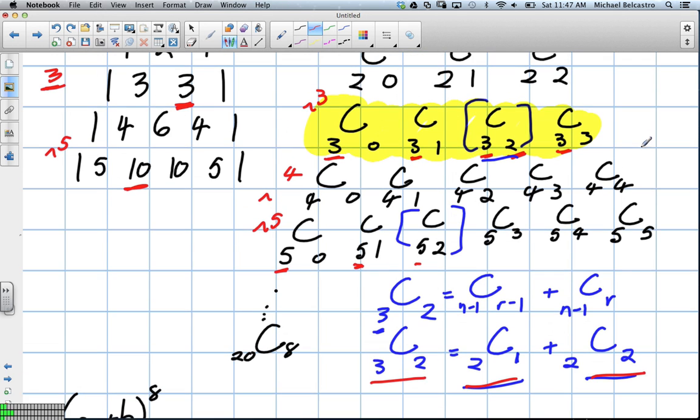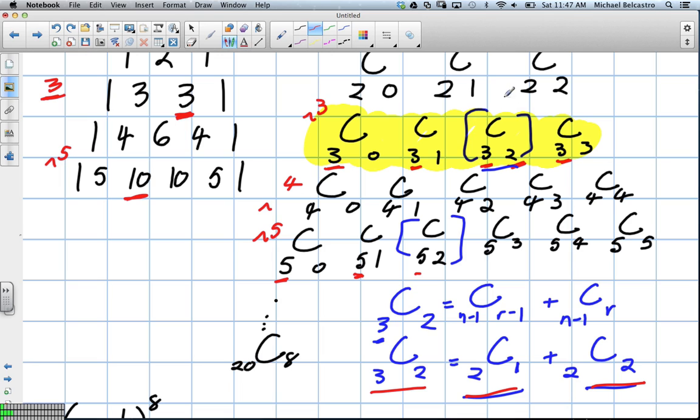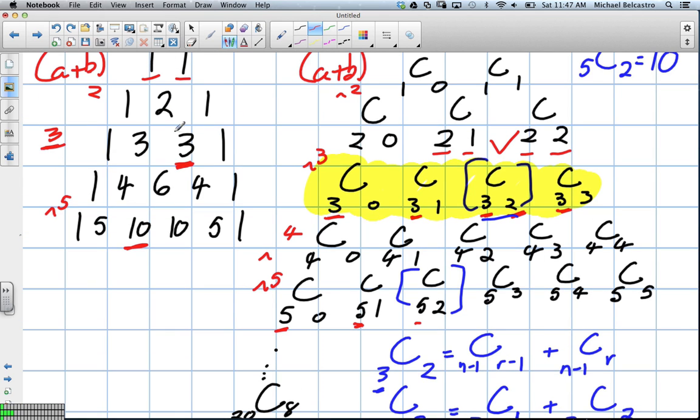Oh, okay, so let's actually take a look at that. In order to get the next combination in the list, we added 2C1 and 2C2 to get 3C2, which makes identical sense to, in Pascal's triangle, adding the 2 numbers up to get down there. They're just using actual combination values. Okay?